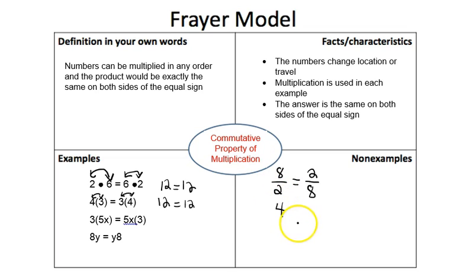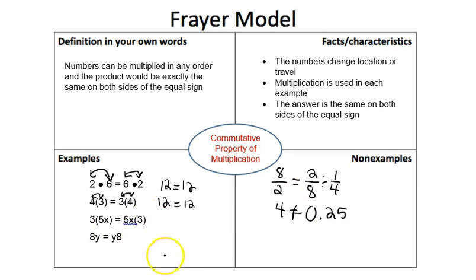It's 4. What's 2 divided by 8? Well, if I were to simplify that, that's 1/4. So that's the same thing as 25 hundredths. Those are not equal. So it's not the commutative property of multiplication because it's not the same answer on both sides of the equal sign.